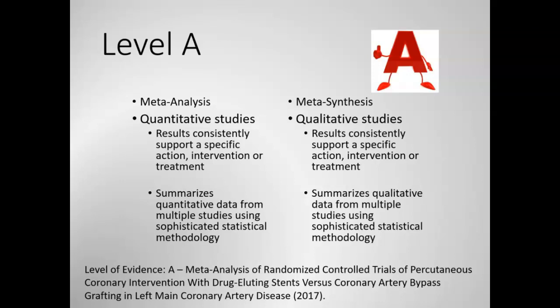Overall, they're saying that the high percentage of X leads to this, X or Y, however you want to say it. So synthesis would be the qualitative studies. So usually if it's meta-analysis or meta-synthesis, it says so in the name of the article. I have an example there for you at the bottom. Level of evidence A, and then the name of the article.